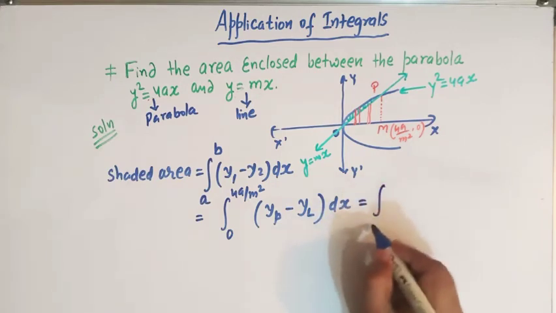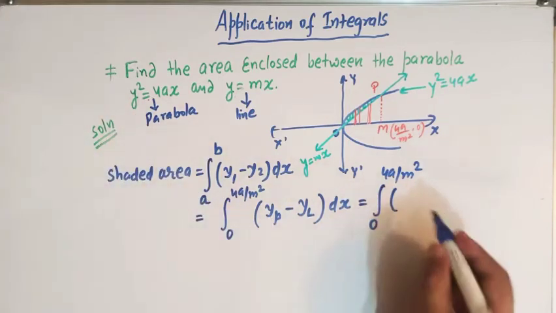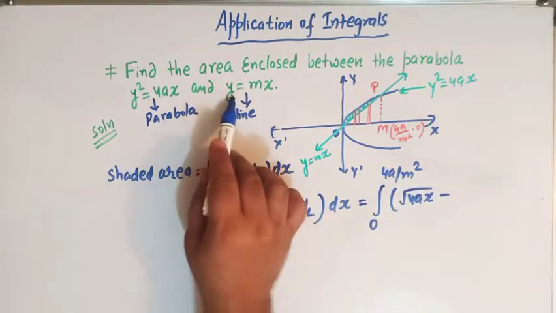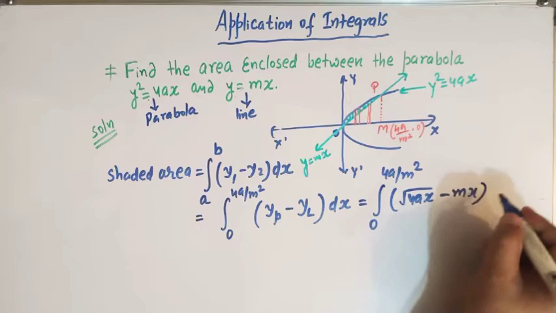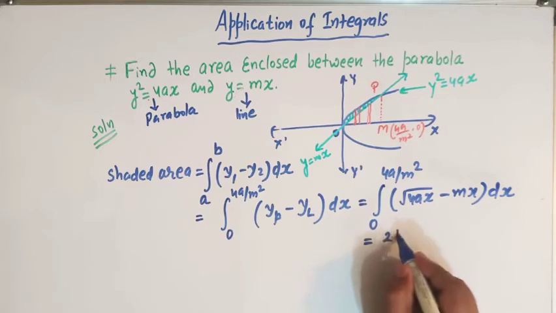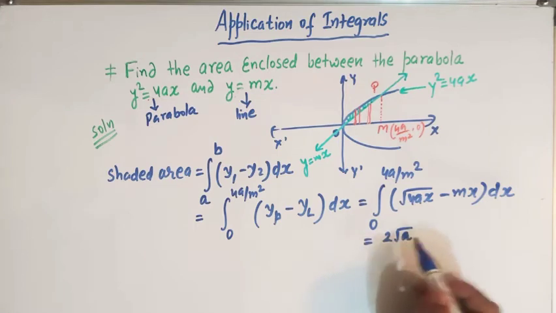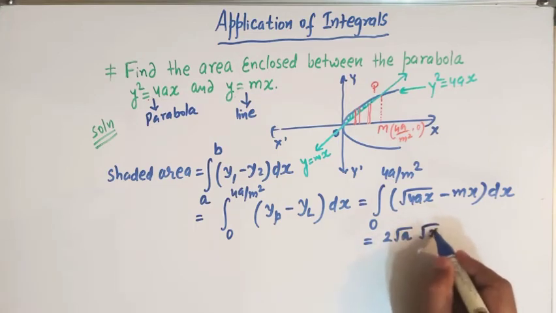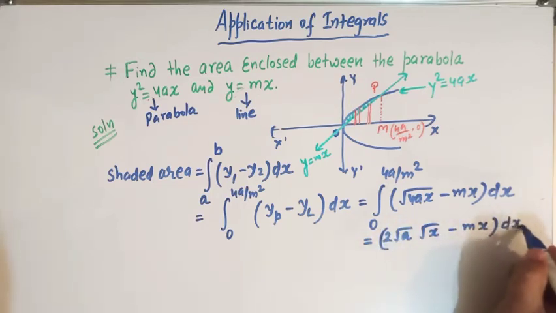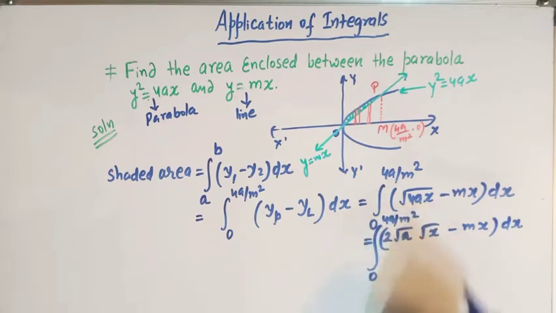So we have the integral from 0 to 4a by m square, and yp is square root of 4ax minus yl, which comes from here, this is mx, and here we have dx. Now square root of 4 is 2, so this is 2 times square root of a, then we have square root of x minus mx, dx, and the integral from 0 to 4a by m square, right?